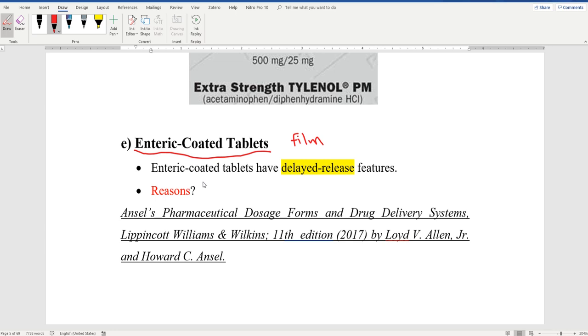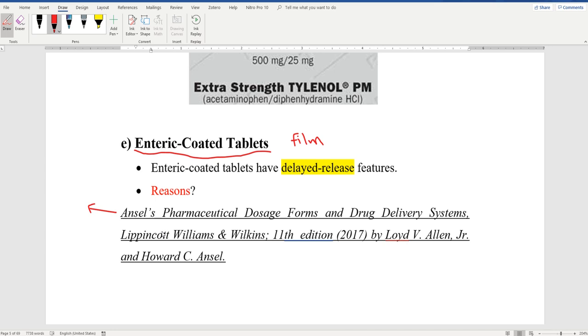Now the question is, why do you need to coat the tablets and make it an enteric coating? Of course, the answer is homework. I will tell you what the answer is. The answer is because in some cases the drug irritates the stomach, like aspirin.